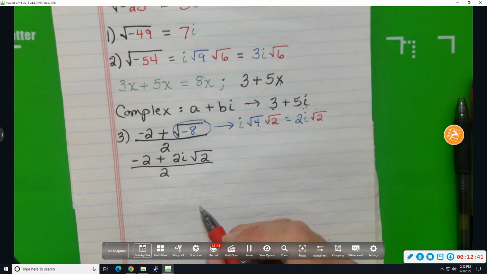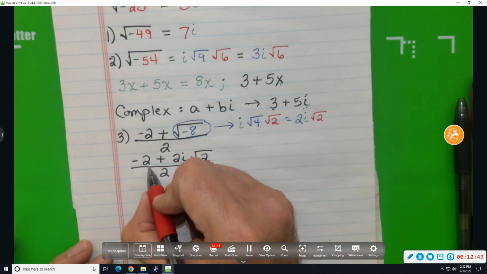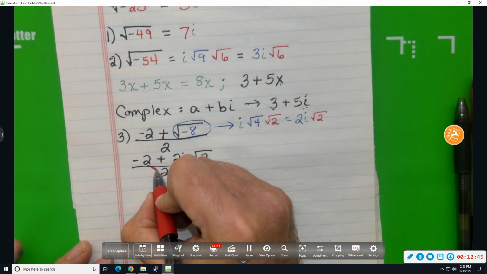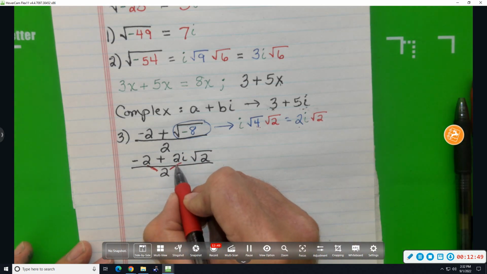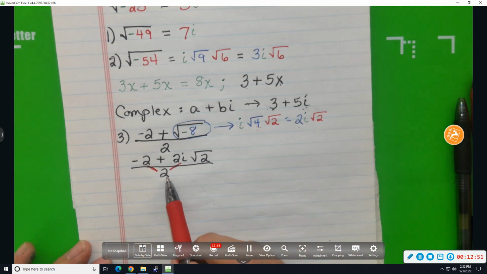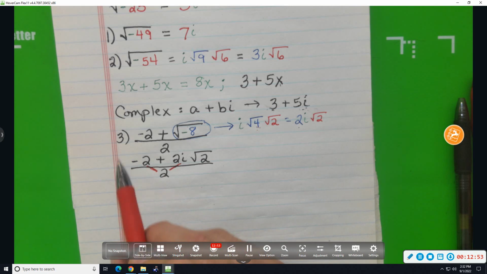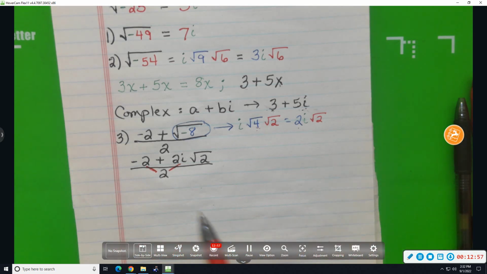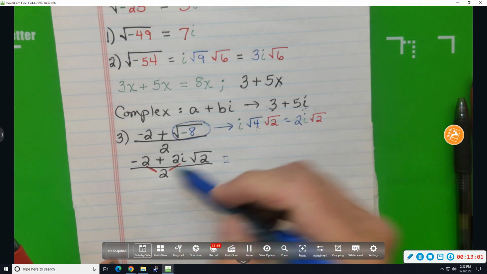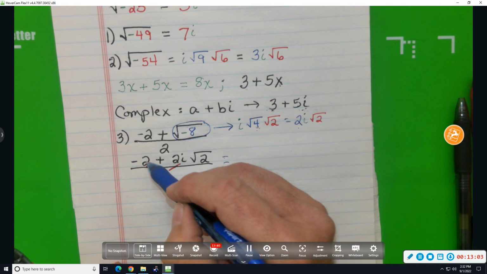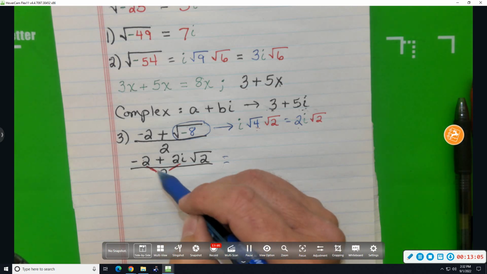And now, to simplify this fraction, be careful. When you have a fraction in algebra, if there's just one number in the bottom, separate it and leave it like that and simplify it from there. What do I mean by separate? Well, negative 2 over 2. How would that reduce? Negative 1.